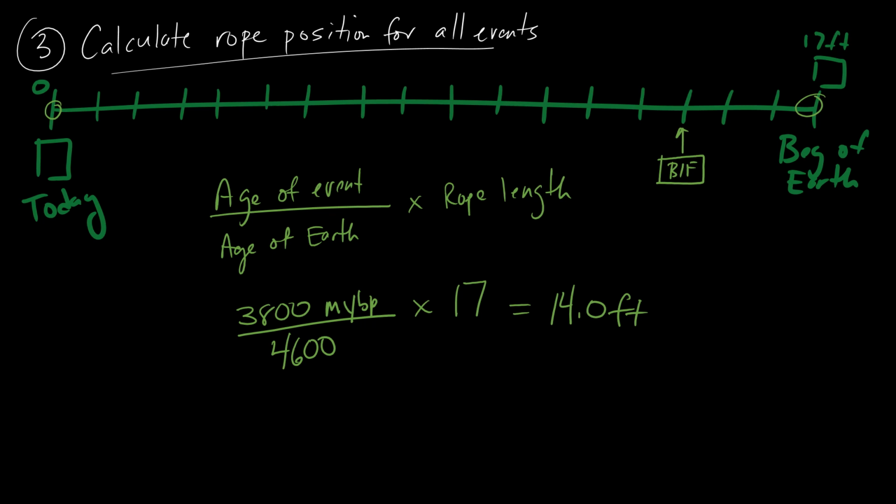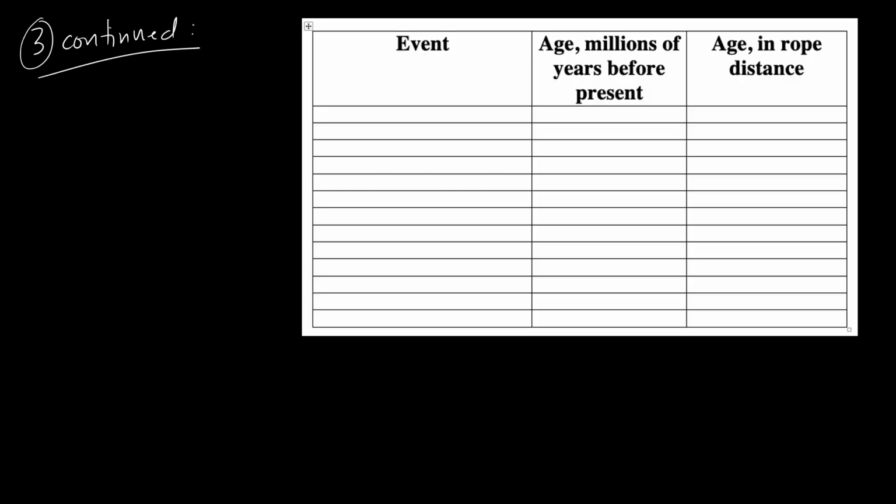You take each age, divide by 4,600, multiply by the length of your rope. So you need to do this 13 times and record those numbers in the table.